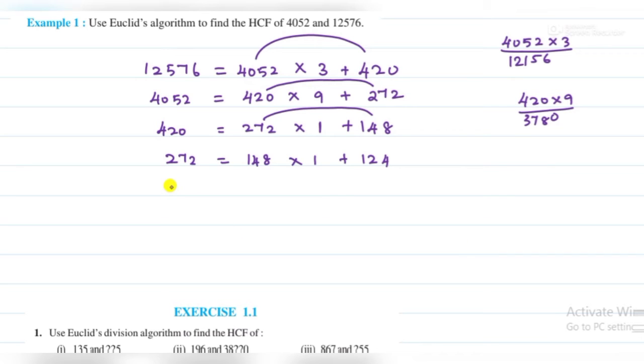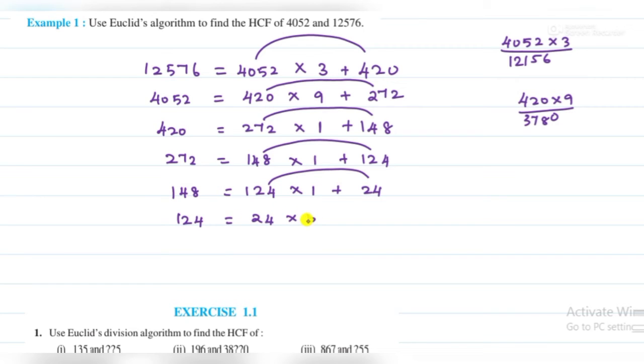Do the process once again for 148 and 124. 148 is equal to 124 into 1 plus remainder 24. Now do it once again. 124 is equal to 24 into 5 plus 4.